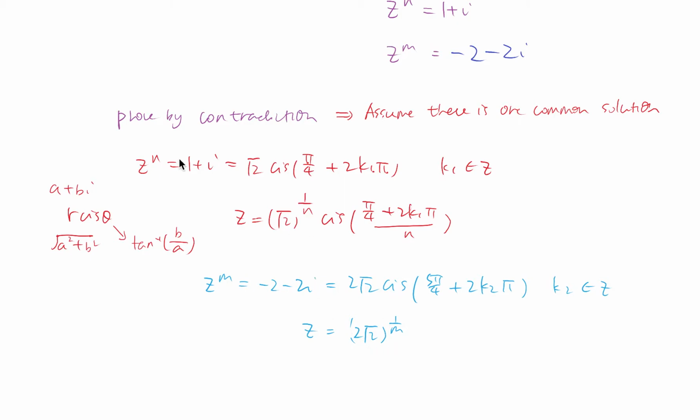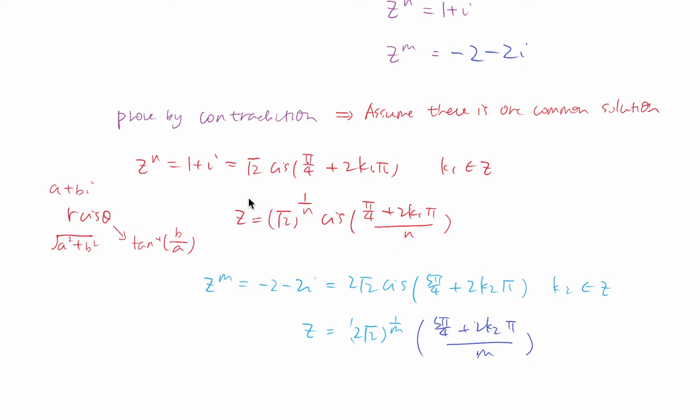Then, cis theta all to the power of n equals cis n theta, so you can bring n to the denominator. And this would be cis of (5 pi over 4 plus 2k2 pi) all divided by m.